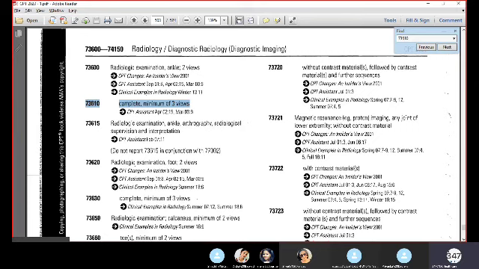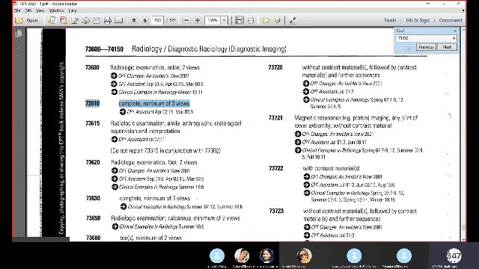Ultrasound for transplanted kidney with duplex Doppler documentation.